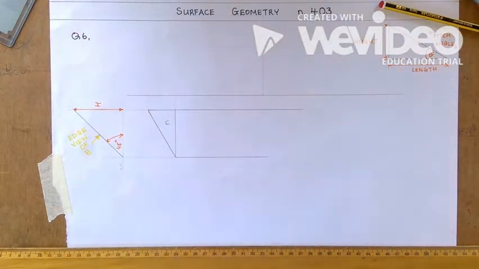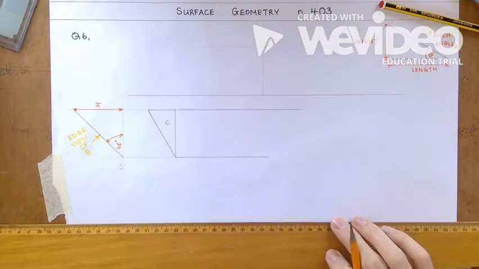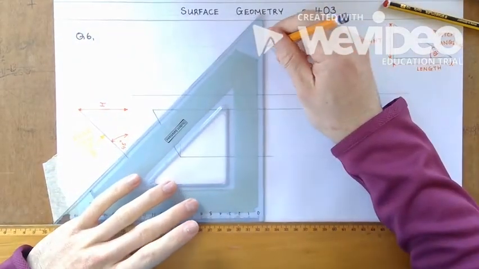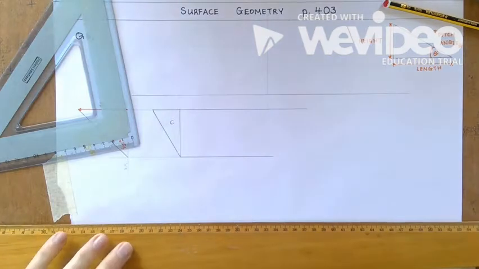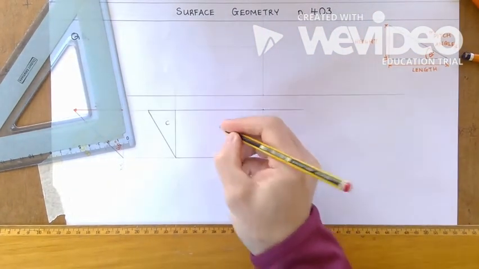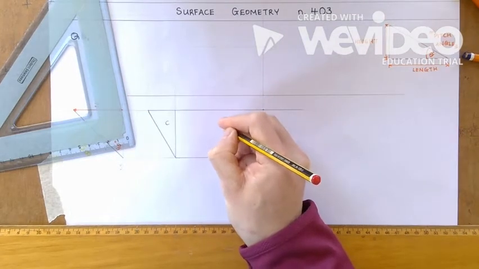That's the point of B in plan, and here is surface B.